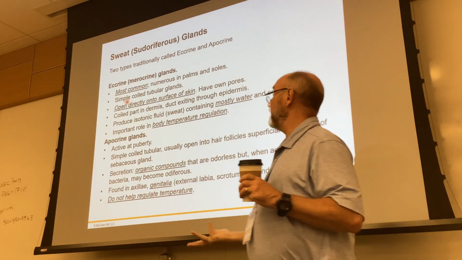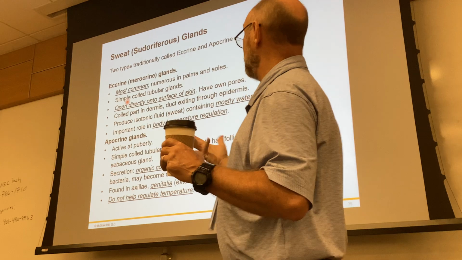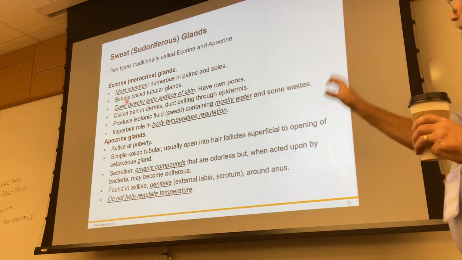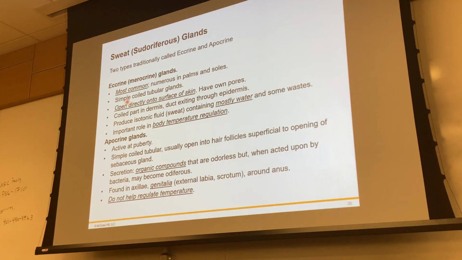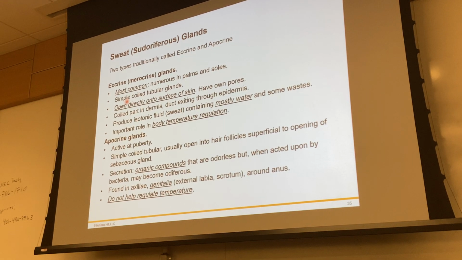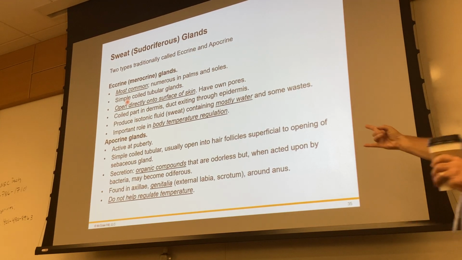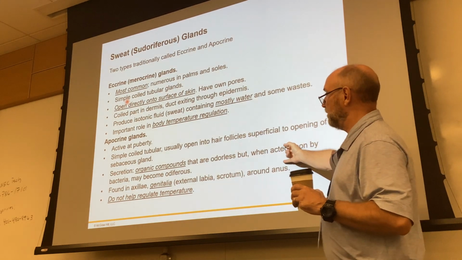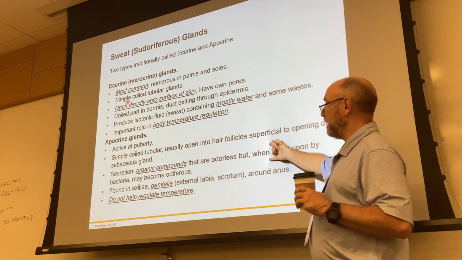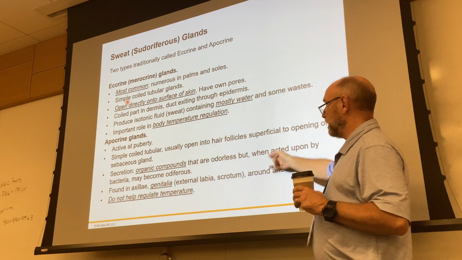So eccrine glands are sweat glands, and these are two different types of sweat glands. Eccrine glands are most common and they're involved in temperature regulation. What else is there? There's signaling. There's secretion of materials. These apocrine glands secrete organic compounds.